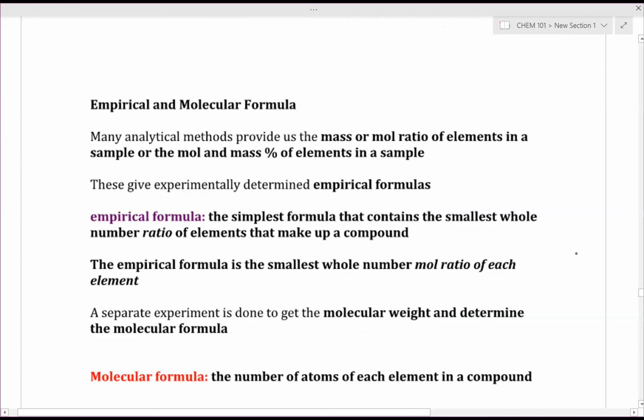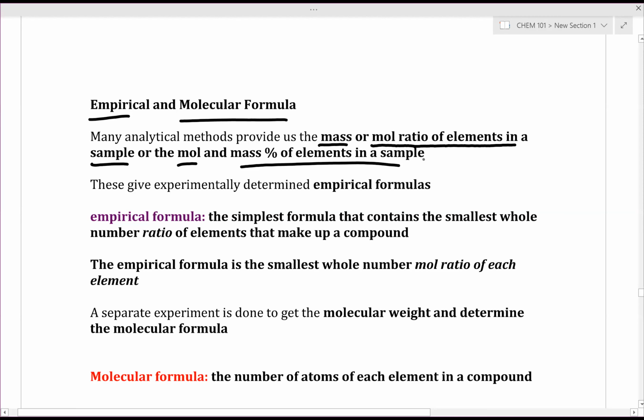Okay, so what we're going to talk about today is this idea of the empirical and molecular formula. So to set the stage and to give you a sense of why we care about this: many of the analytical methods, such as the data collected in laboratory experiments, will provide us the mass or mole ratio of elements in a sample, or they'll give us the mole percent or mass percent.